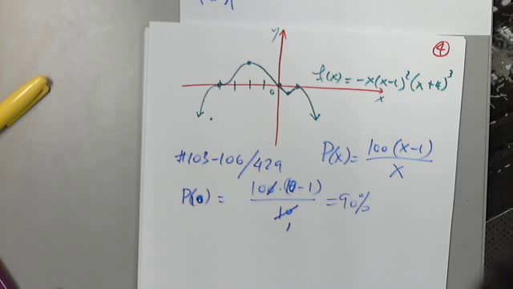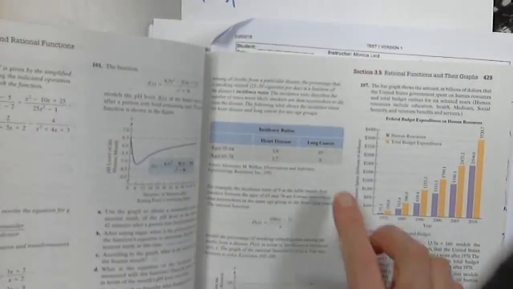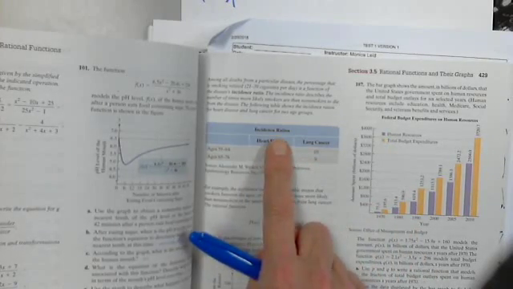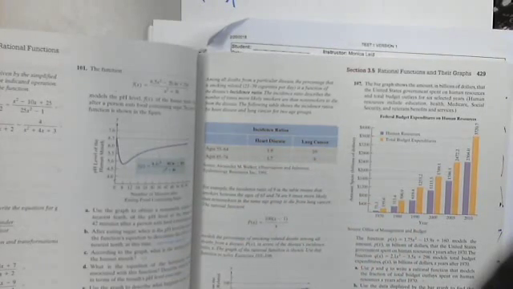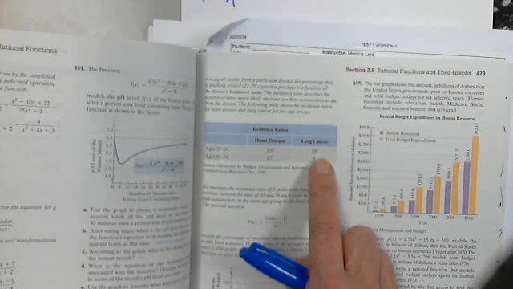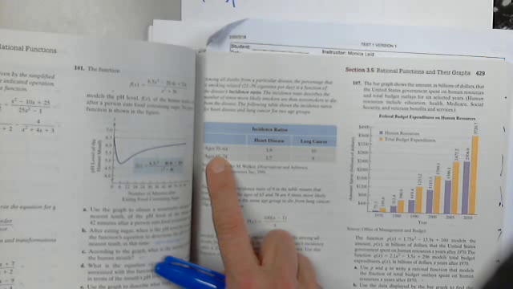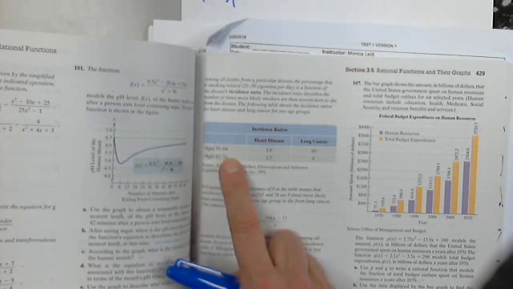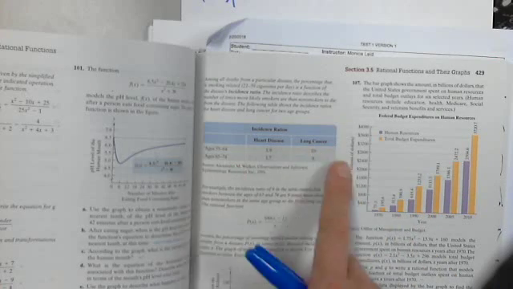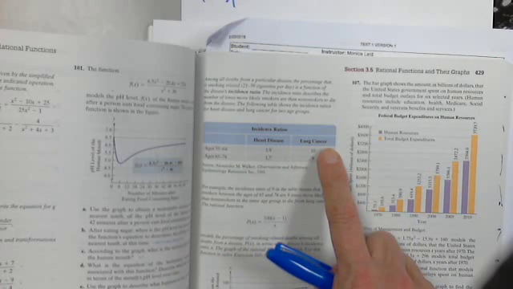Okay. Find P of 9. Round to the nearest percent. Describe what this means in terms of the incidence ratio 9 given in the table. So when X is 10, we're talking about people ages 55 through 64, and apparently in this table they suffer from lung cancer.